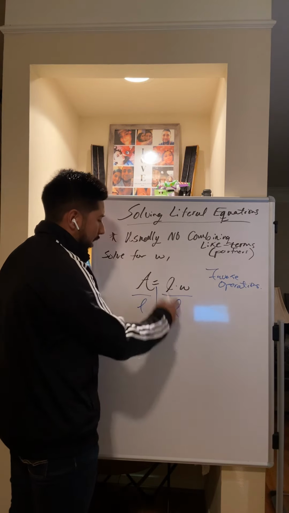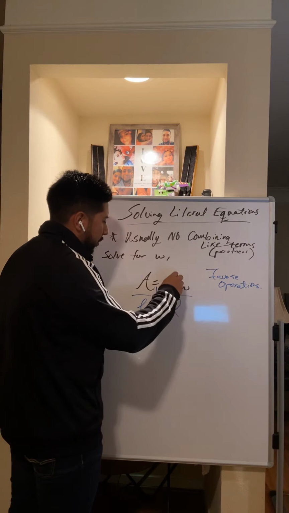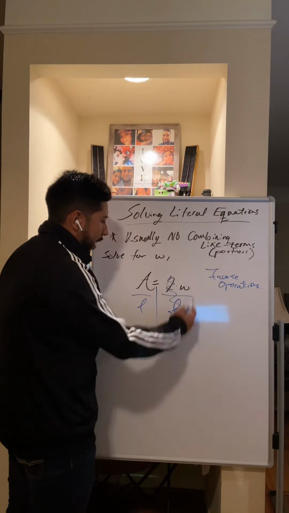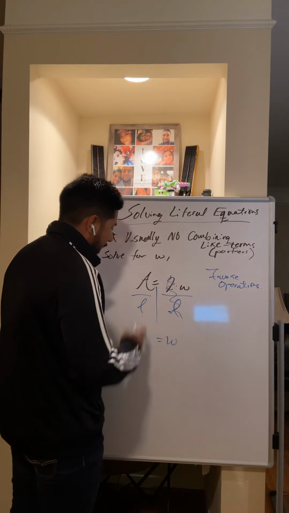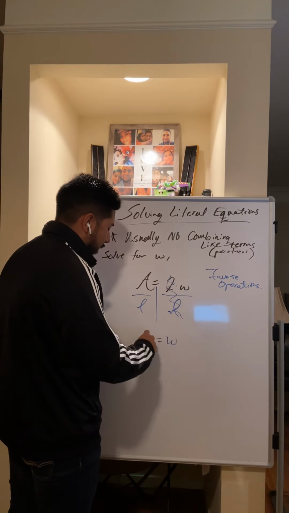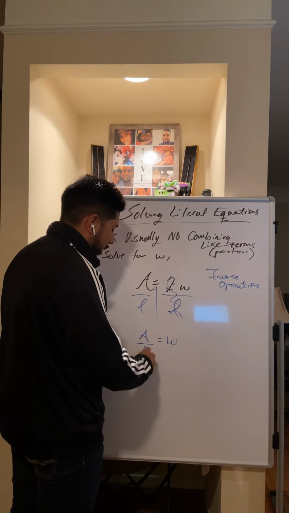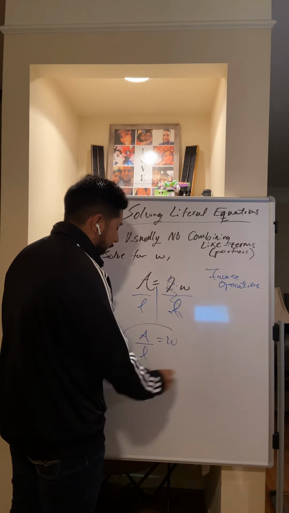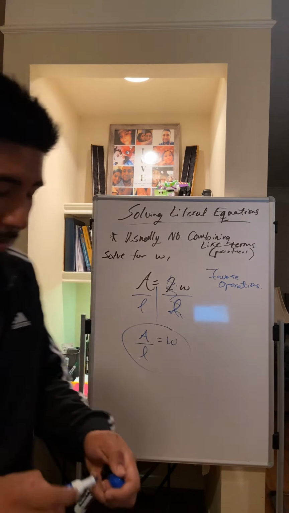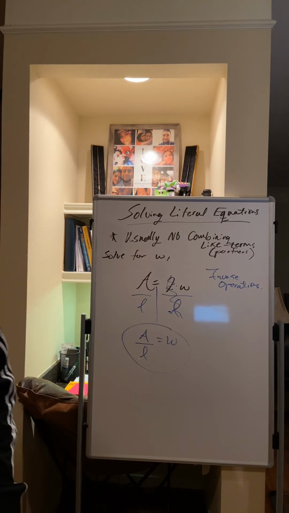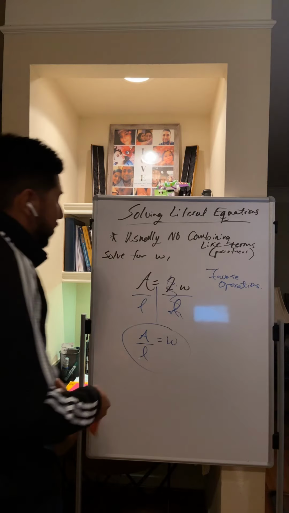L divided by L is going to be just 1, which would cancel out. My W is finally by itself, and my new formula will be area over length. And that's my answer.